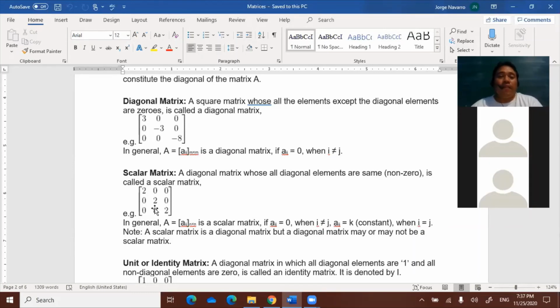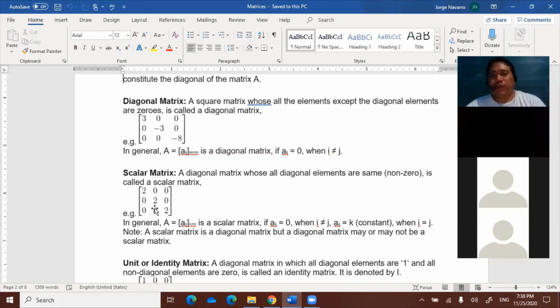Sir, is it a scalar matrix, so not a square? The square only got 2? No. Square is not talking about sides, Miss Savory. A square matrix only means that the number of rows it has and the number of columns it has is the same number. 2 by 2 is what you call a square matrix. 3 by 3 is also a square matrix. 4 by 4 is also a square matrix. 5 by 5 is also a square matrix.